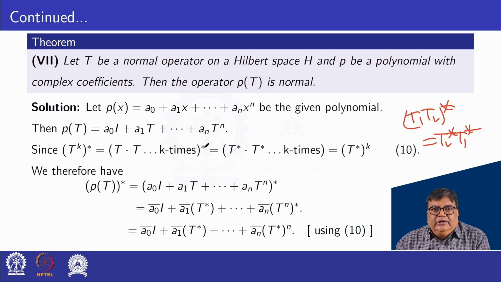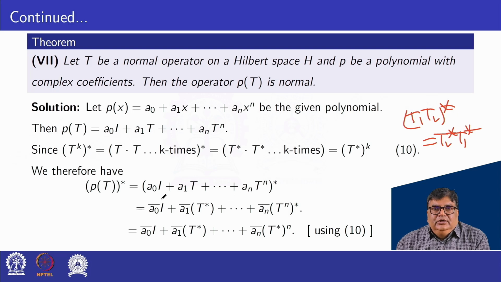So here star of T into T, in reverse direction we get T star up to k times T star. That is kth power of T star. Therefore, star of P(T) equal to star of a0 I plus a1 T plus and so on an T to the power n.